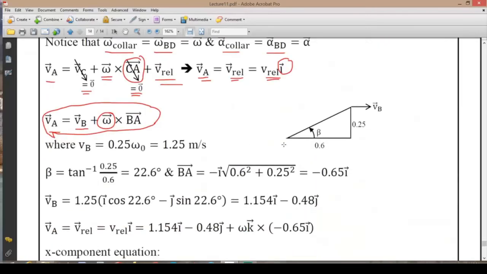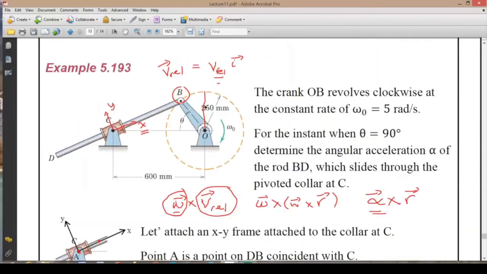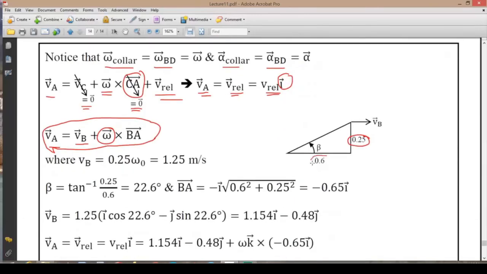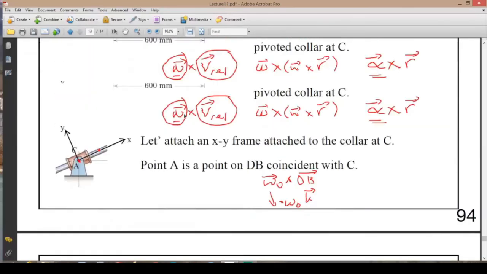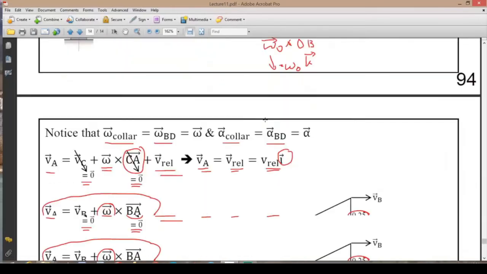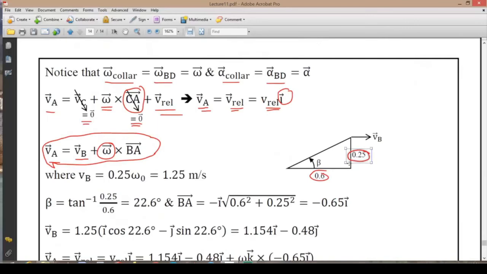So we need to go back to our geometry. And on the geometry, what we have is the crank link's length. This is 0.25. This is the crank link's length. It's in the vertical direction. 0.6 is the location, fixed location of C with respect to point O. And at that instant, we know that this is 90 degrees.